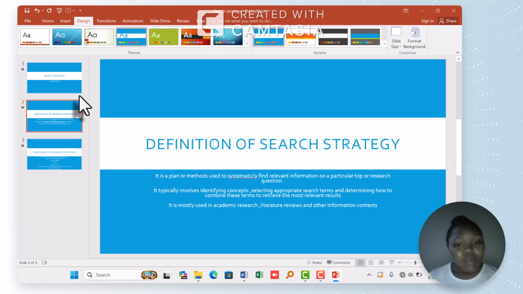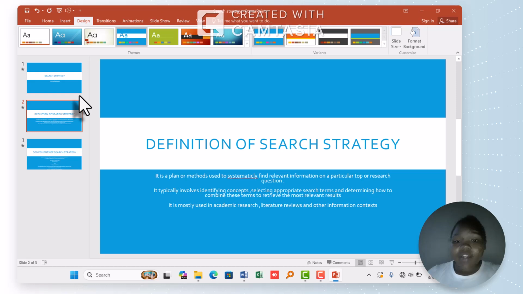So it is mostly used in academic research. This research strategy mostly applies to academics. For example, we have people who are majoring in research in their masters and all that. So it's mostly done in academics.